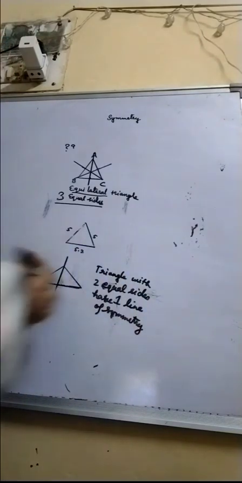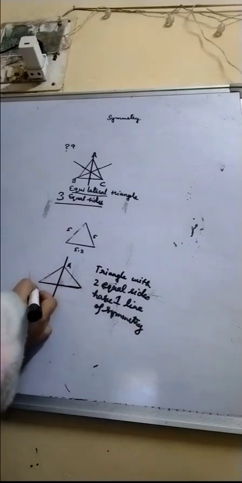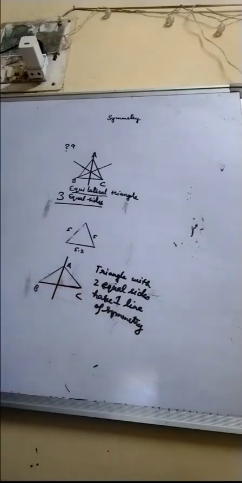Okay, so triangle with two equal sides have one line of symmetry.